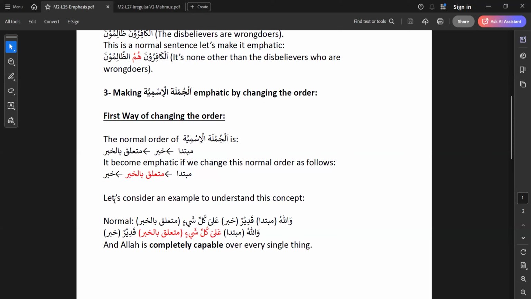Who remembers what we covered in lesson 26? It's muta'alliq and muta'allaq. What's the muta'allaq? The one it is connecting to. The muta'alliq is the connector.